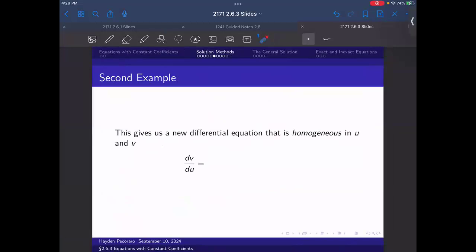So our final differential equation in terms of u and v is dv du equals 7u plus 9v over u minus v.